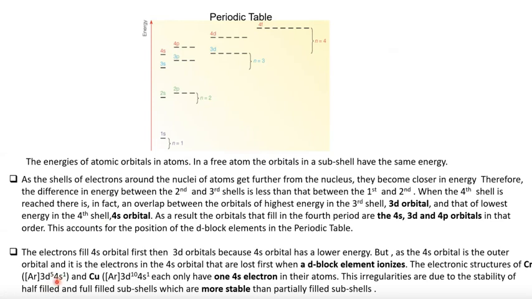So according to our Aufbau principle, it should have 2 electrons. Similarly, in chromium, it should have 2 electrons, but it is like this. Why? It is seen experimentally that half-filled d orbitals and fully filled d orbitals are more stable than partially filled subshells.